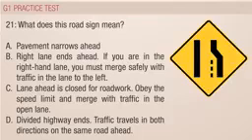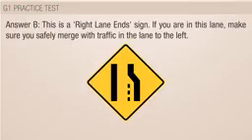D. Divided highway ends. Traffic travels in both directions on the same road ahead. Answer B. This is a right lane end sign. If you are in this lane, make sure you safely merge with traffic in the lane to the left.